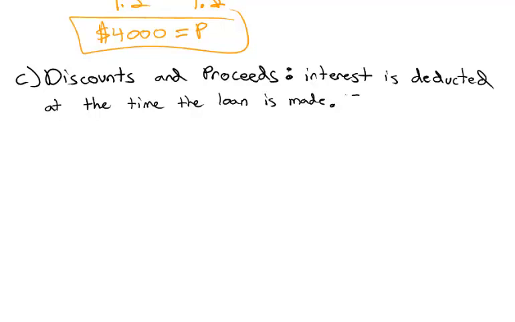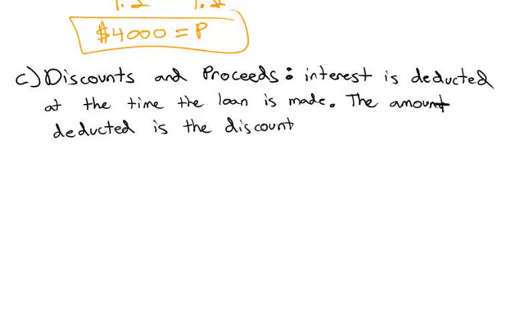A little vocabulary here, the amount deducted is the discount. So in my example with the $110 check, there's a $10 discount. I write a check for $110, but I only get $100. $10 discount.